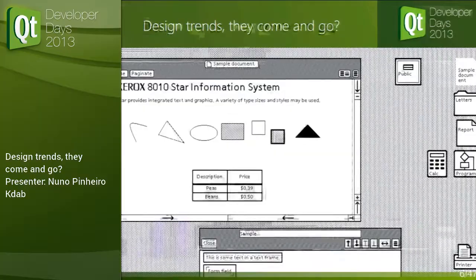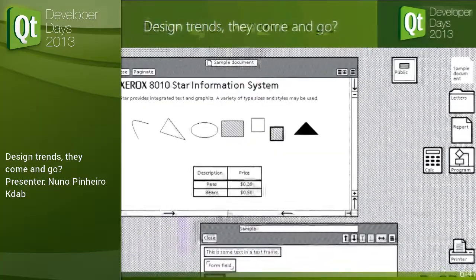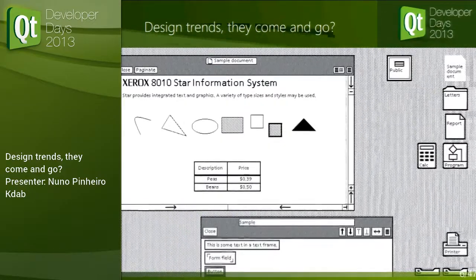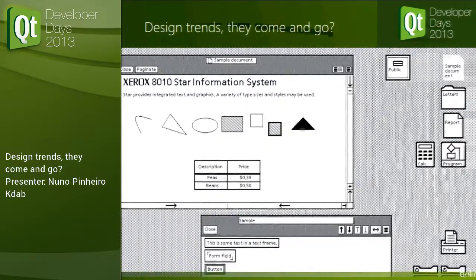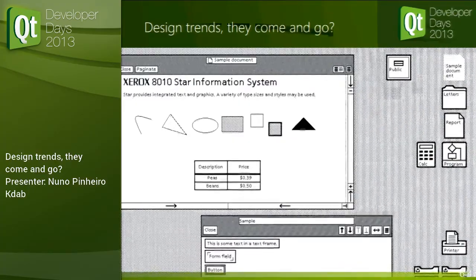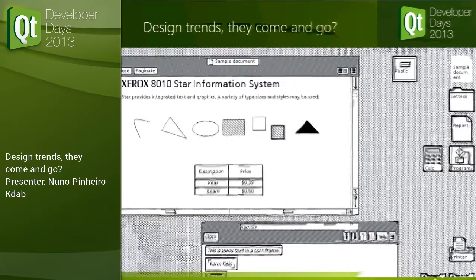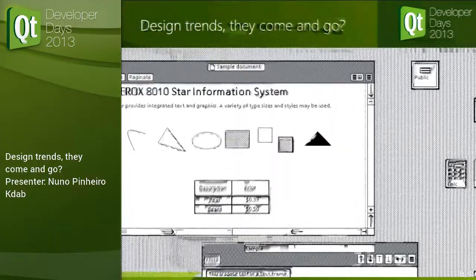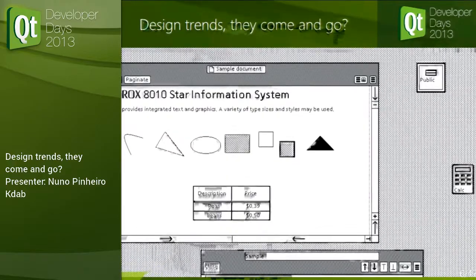It was the Xerox Star information system. It had awesome things like windows and icons, but it was severely limited by the technology. And the technology was monochromatic. Basically, you could do black or white, and that's it. And the screens were very small.